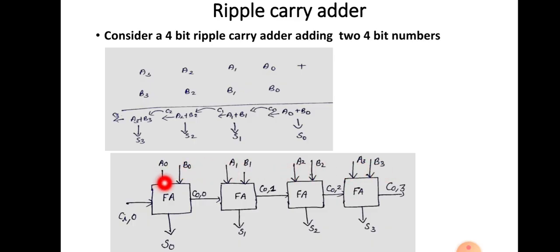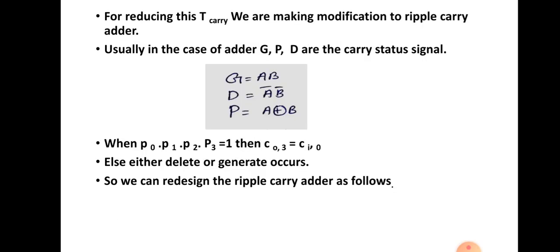If P0 into P1 into P2 into P3 is equal to 1, we can conclude that the output carry will be directly equal to the input carry. So C03 will be equal to Ci of 0. Whenever this condition is satisfied, we can directly write output carry equal to input carry. The only condition for making such a conclusion is that the product of the propagations through all the stages is equal to 1.